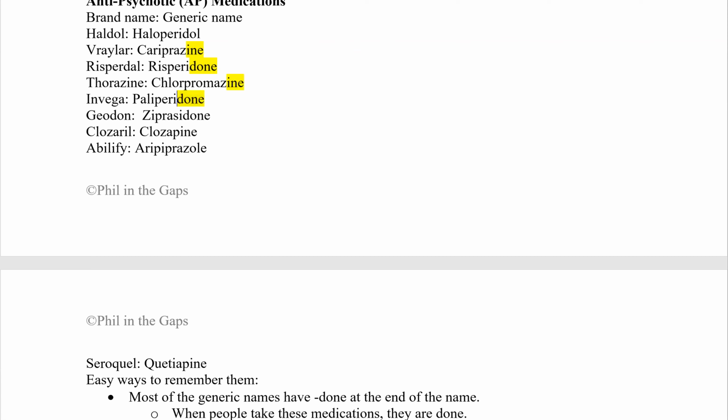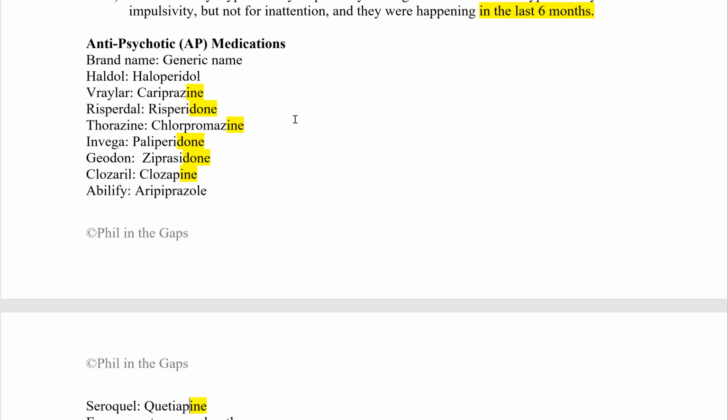They do, but the antipsychotic ones tend to sound a little harsher, and the majority of them have done at the end. So if you see INE and done at the end of it, there's a likelihood it can be an antidepressant based on the INE, but the done is specifically the antipsychotics. So if you see INE or done, the generic side of antipsychotic medications are the likely answer.